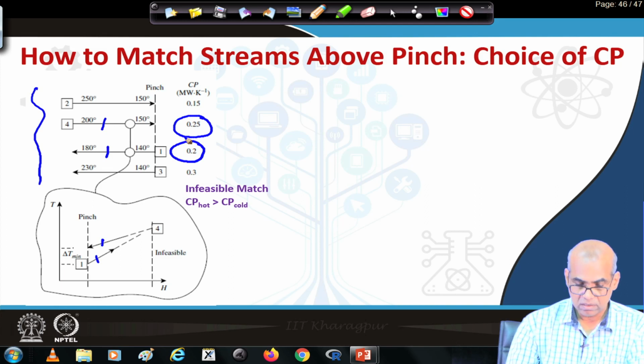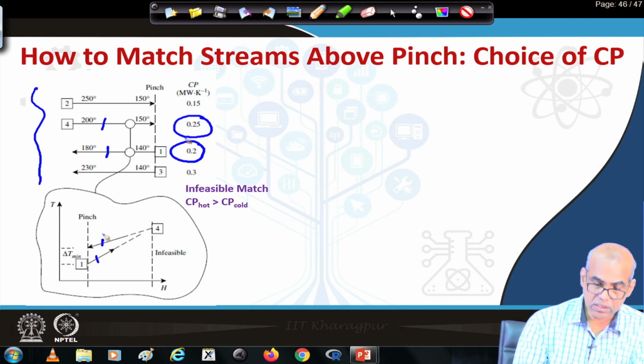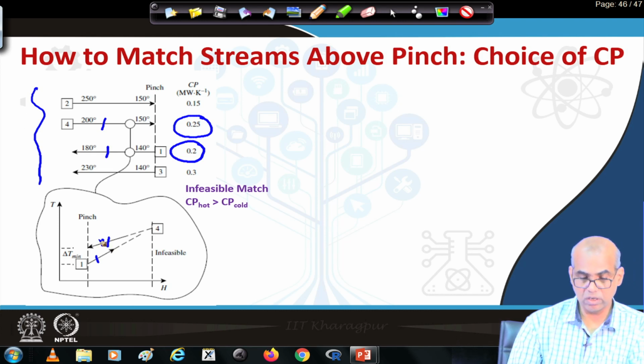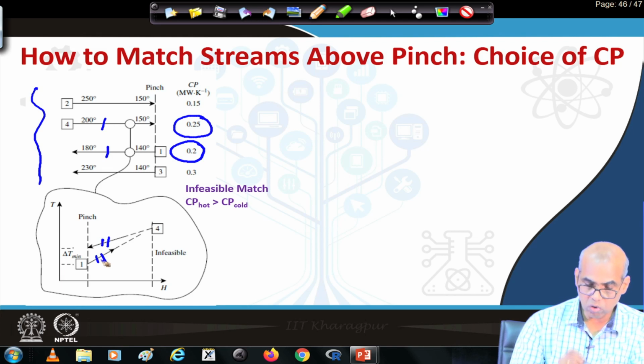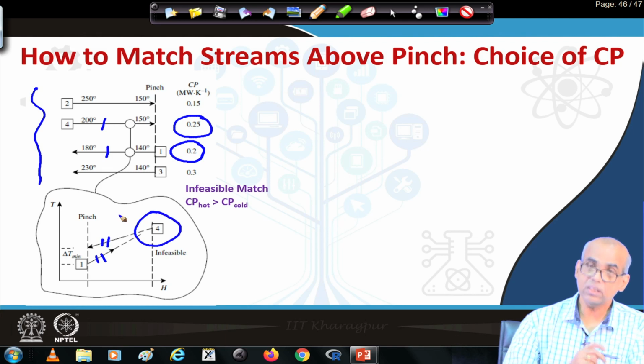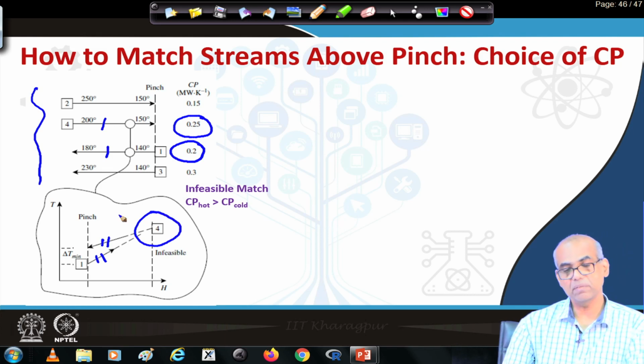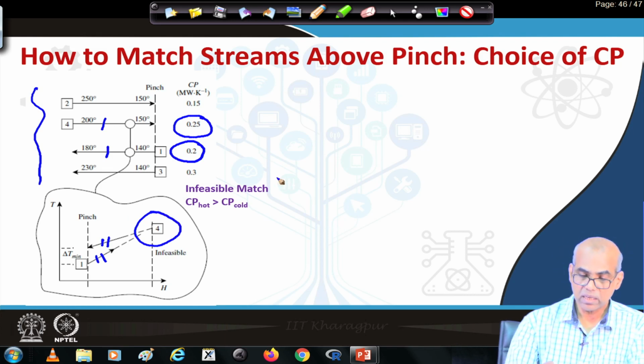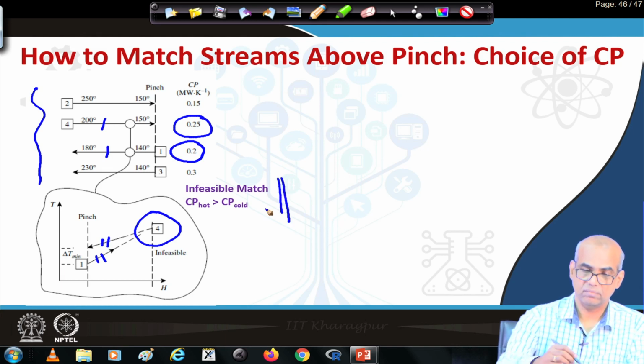It means that the slope of the hot stream is less than the slope of the cold stream, and you now see that they are converging here, violating the delta T minimum condition. So, this is an infeasible match.